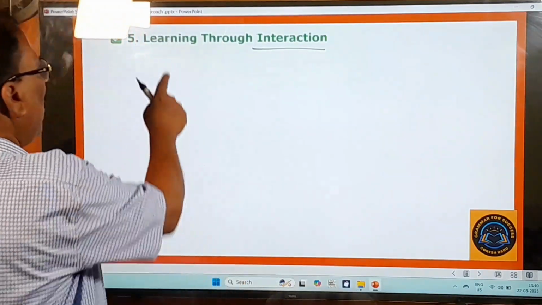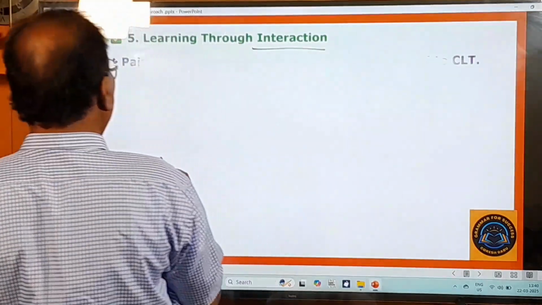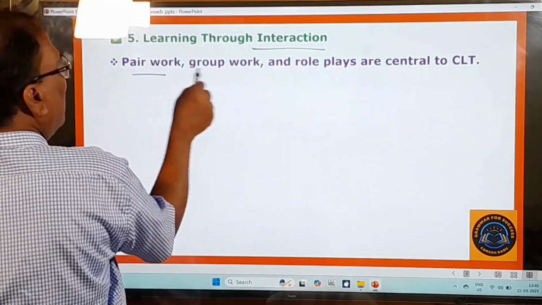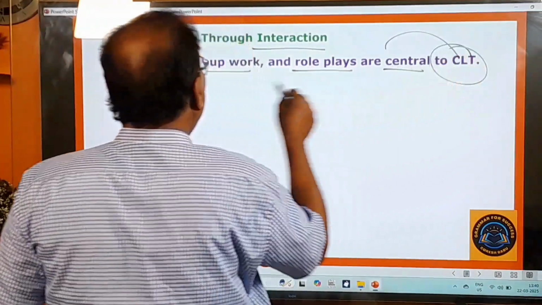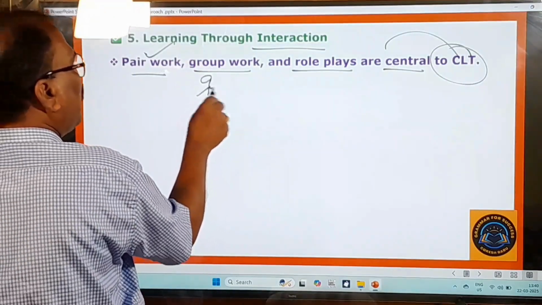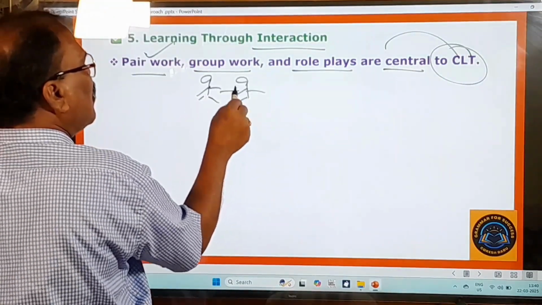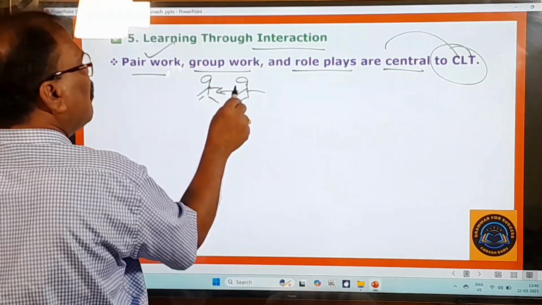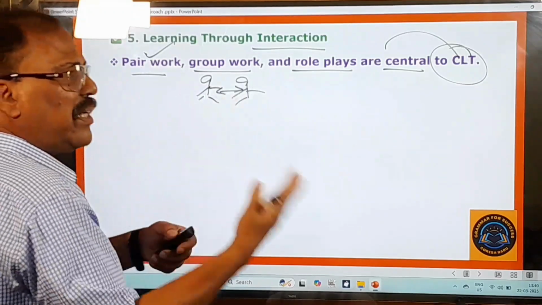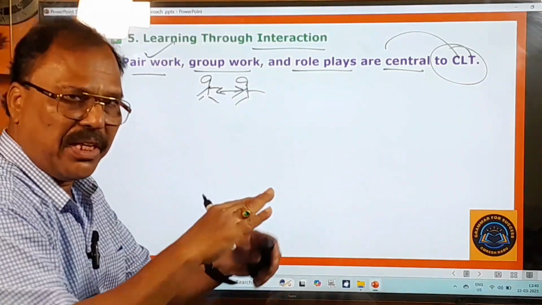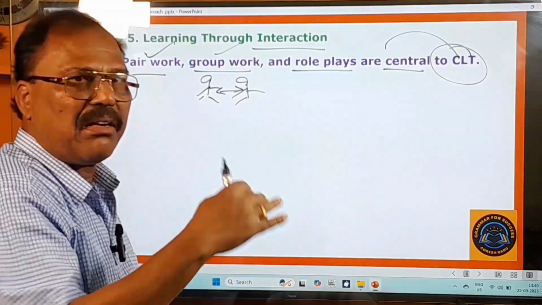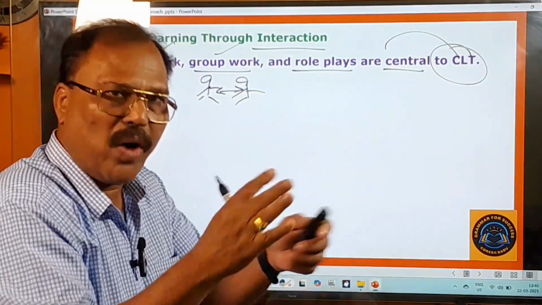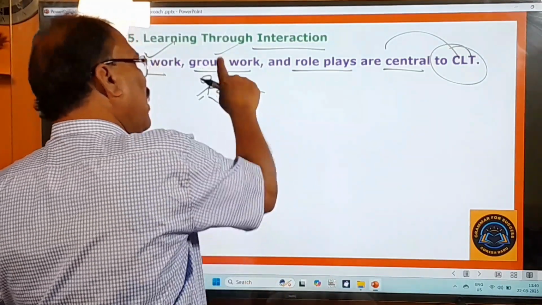Okay, and it's learning through interaction. And here what is explained is: pair work, group work, role plays are central to CLT. So in the CLT, pair work and group work will be there. Pair work means two students will sit side by side and they interact, they communicate with each other. Group work means many learners will be there, interacting with one another.